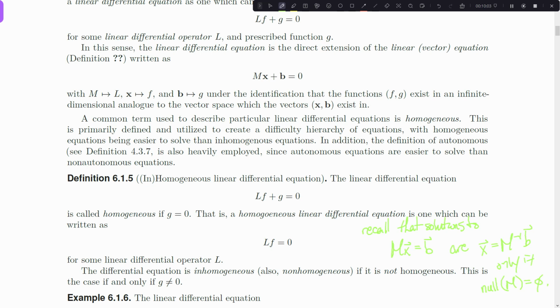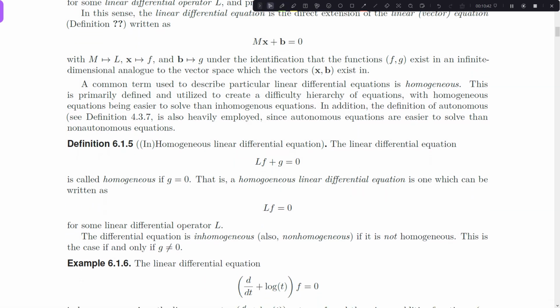If the null space of M is not empty, then actually I have an infinite number of solutions. And then this idea of an inverse no longer really applies, because I don't have an inverse matrix. I have a pseudo inverse matrix, and we have infinitely many solutions because of whatever vectors are sitting in the null space. So we care about homogeneous differential equations because they calculate null spaces for us the same way that null spaces were calculated with matrices. Okay, so that's just providing some motivation for those.